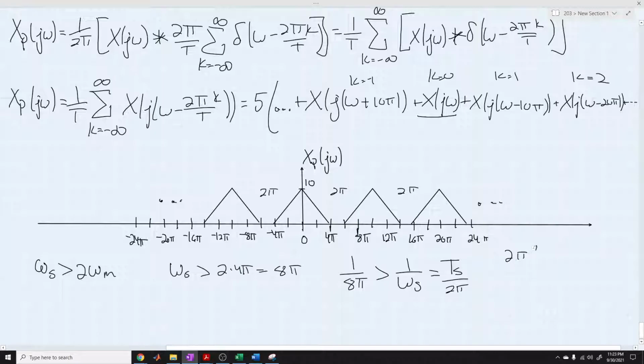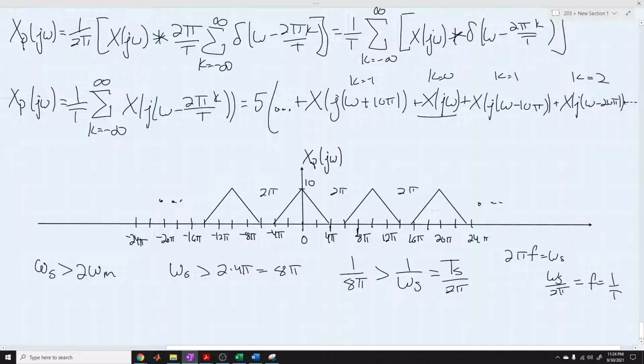So we have 2 pi f is equal to omega s, and f is equal to 1 over T. If I divide by 2 pi, I get omega s over 2 pi is equal to f, which is equal to 1 over T. Yeah, so I did that right.